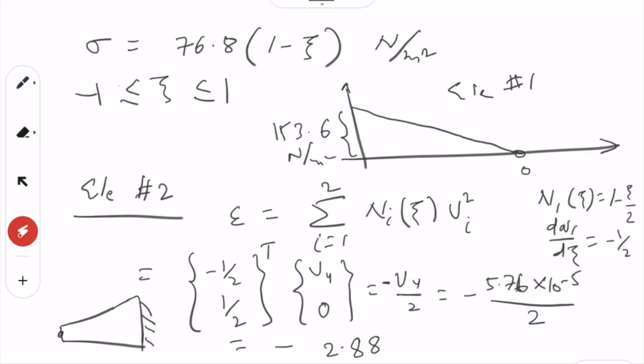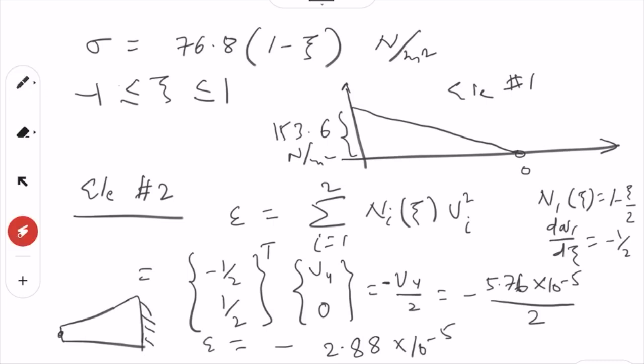Okay, so let's see, 8 times 2 is 6, 8 times 2 is 6, plus 1 becomes 7, 2 times 2 is 4, and 1, so minus 2.88 times 10 to power minus 5 is the strain.